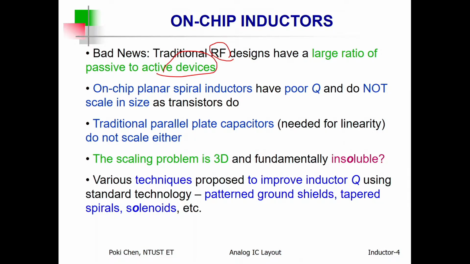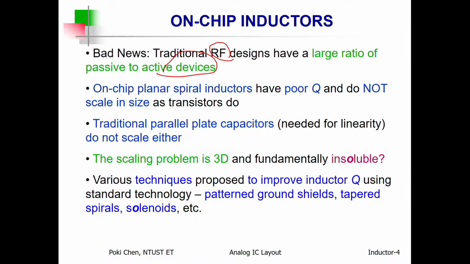That's a big problem, right? So hopefully we can reduce the area, I mean for inductors. So how to reduce the chip area for inductor becomes a very important idea for RFIC layout.